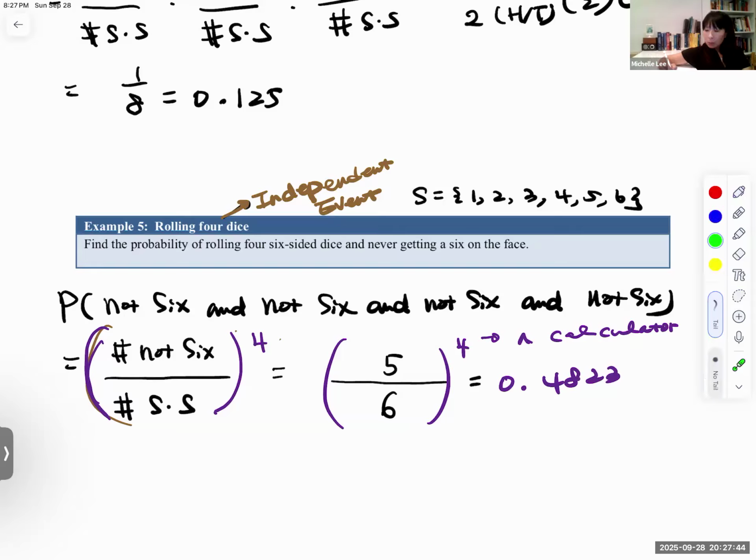And then we interpret, right? So we have 48.23% of the time. You roll 4 dice, then you will get no 6s. Are you guys okay?